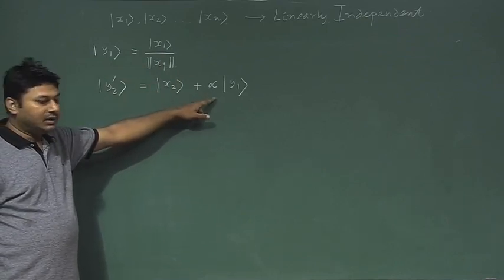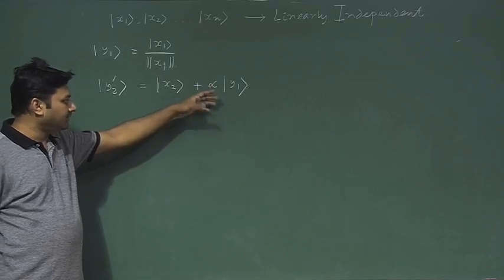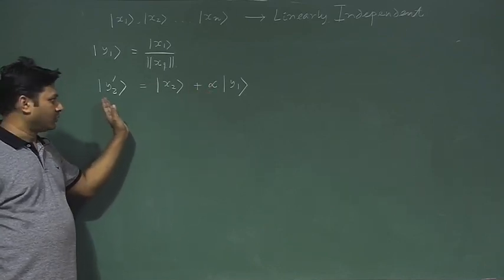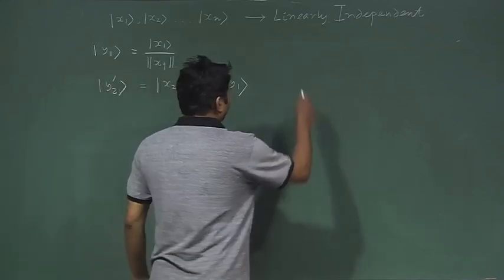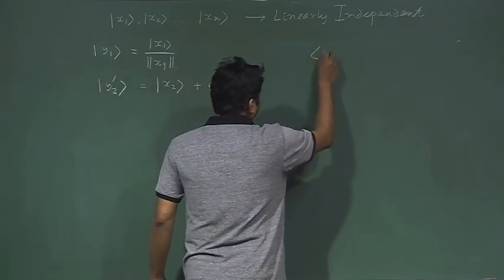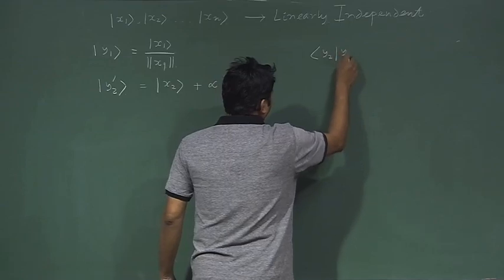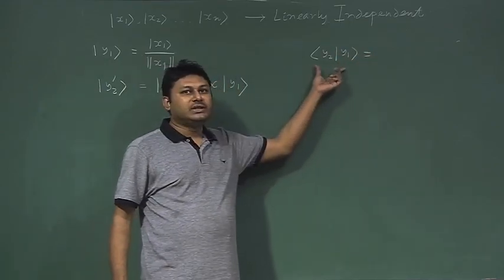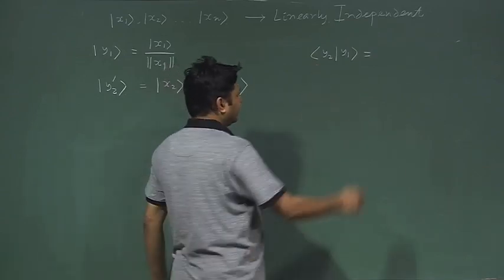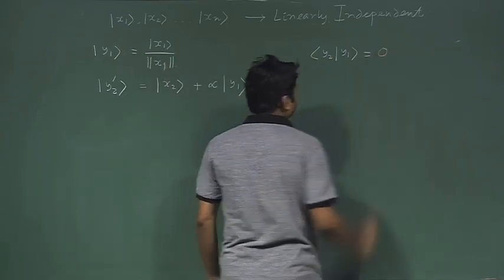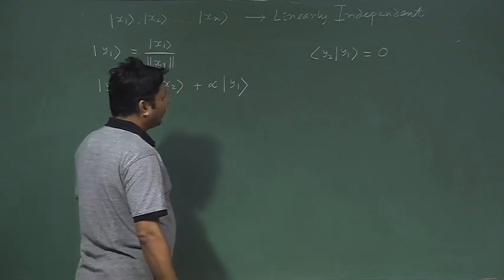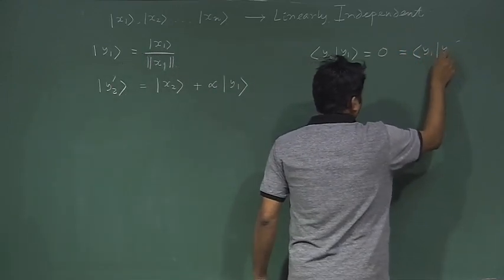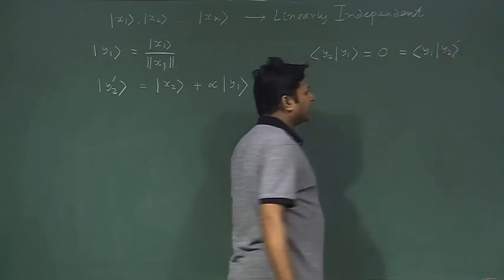Now this alpha is important, because by putting this alpha in a suitable way, I can find my desired y2. How? Let me explain. My idea is that y2 and y1 should be orthogonal to each other. So if that is the case, this quantity has to be 0, or in other words, y1 dot y2 is 0. In both cases the meaning is the same.